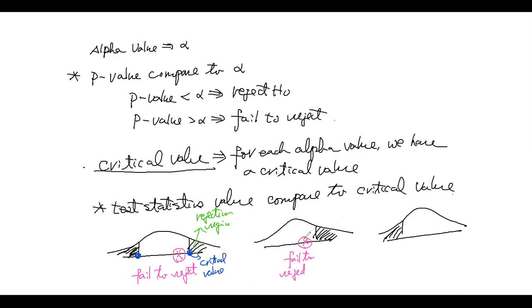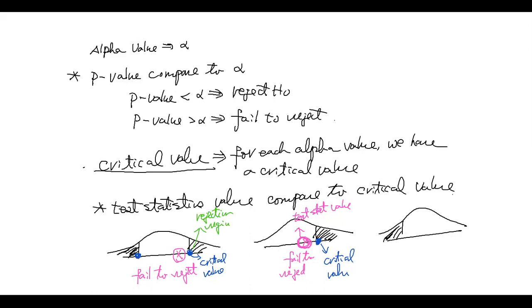What is this pink one? This is your test statistic value. And what is this blue one? This number is your critical value. The critical value depends on the assumption of your test statistic.